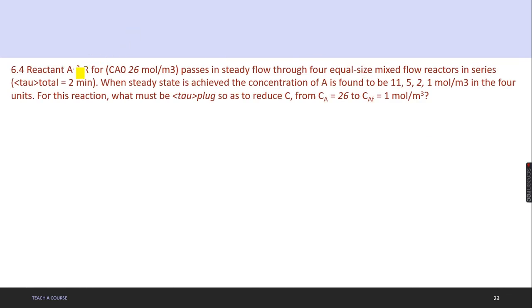Here reactant A is being converted to R with initial concentration 26 mole per meter cube, passing at steady flow through 4 equal size mixed flow reactors in series, where total tau is 2 minutes.